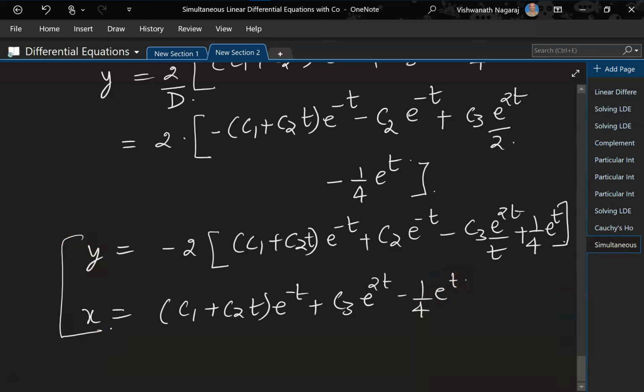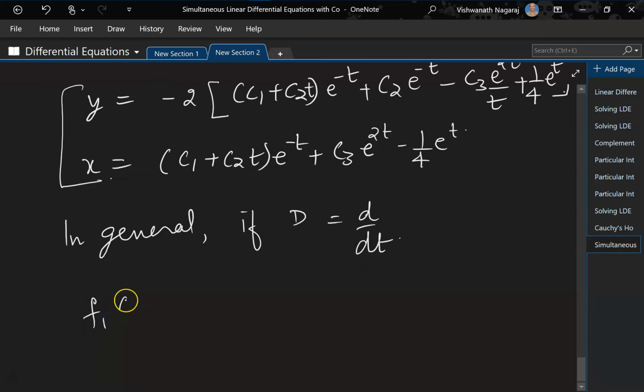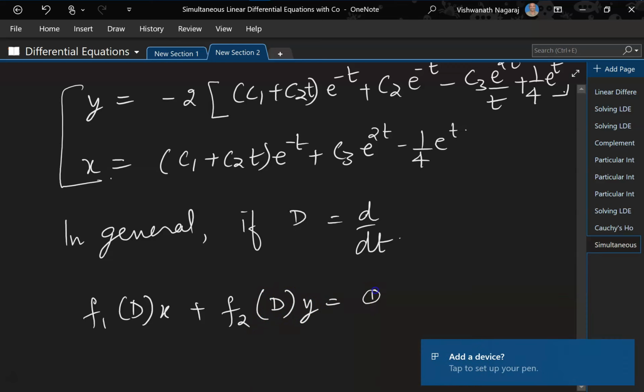Here I kept it simple so that I had to multiply only one of the equations with something else. So in general, if D is equal to d by dt, then f1 of D of x plus f2 of D of y is equal to some function of t.